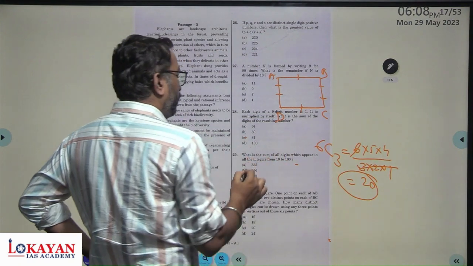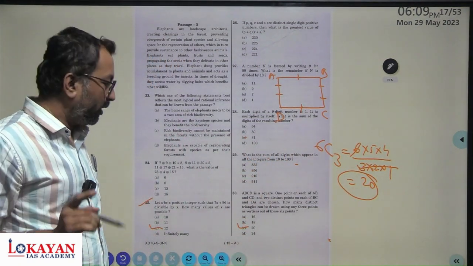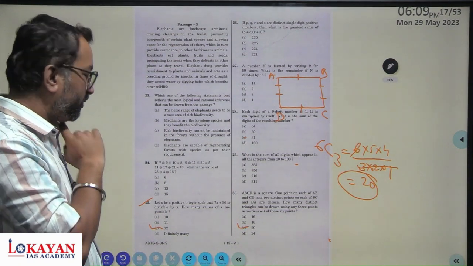So we can draw 20 such triangles. So the answer will be option number C.